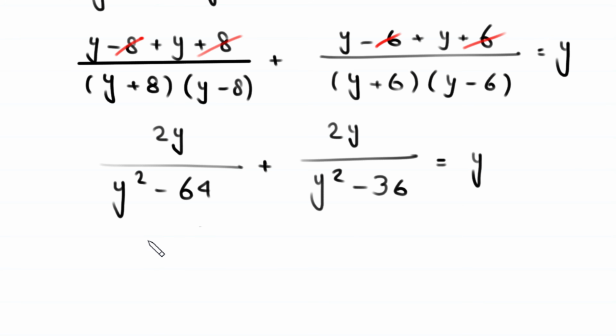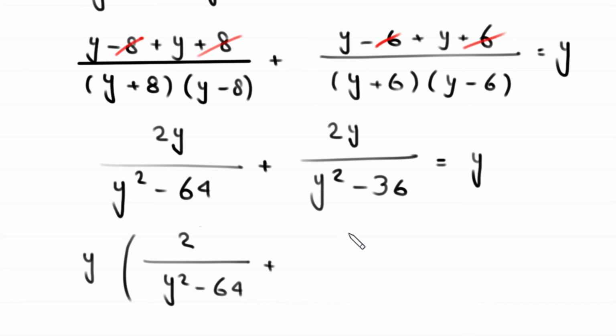Now we can factor out y from the left hand side. So y as common factor, in bracket 2 divided by y squared minus 64 plus 2 divided by y squared minus 36 equal to y.